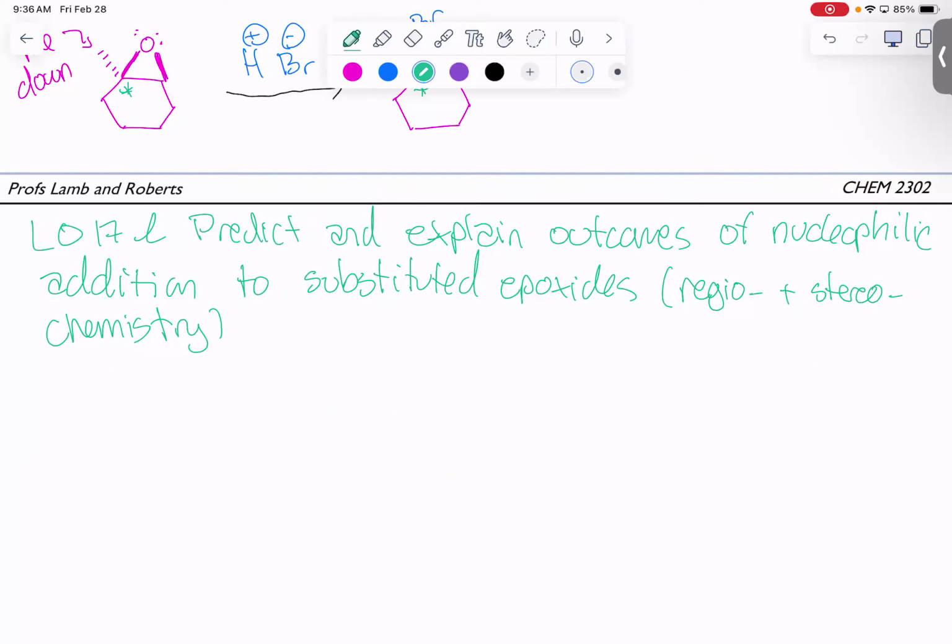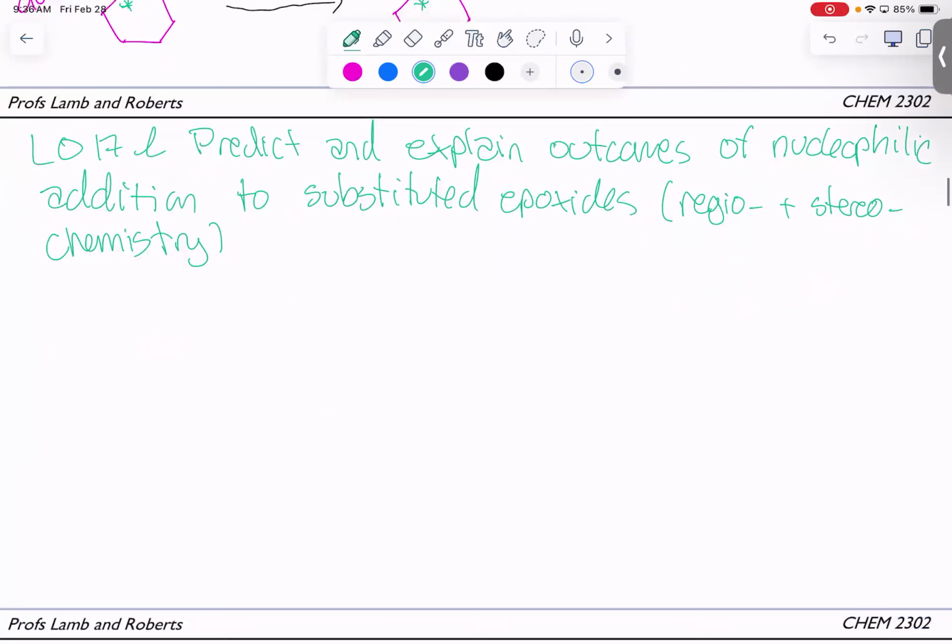Okay, so let's just talk through a couple of examples for this, okay? So say we have a tri-substituted epoxide. Okay, let's just count our carbons. 1, 2, 3, 4, 5 in this case. We have 5.